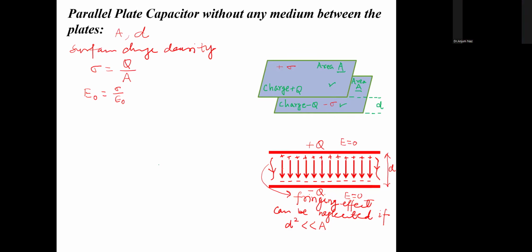This effect is called the fringing effect, and it can be ignored if d square is very much less than A.